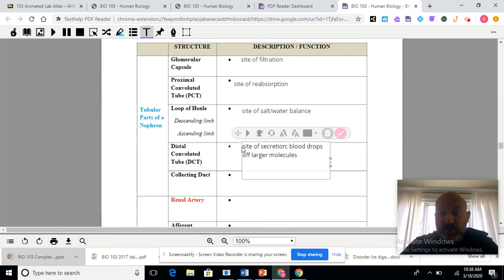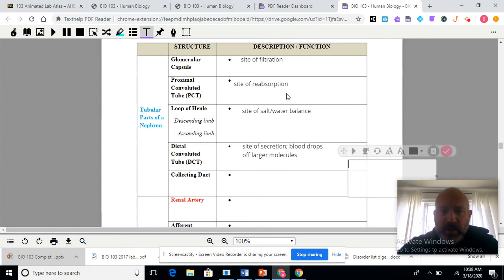Things like prescription drugs, steroids, recreational drugs, antibiotics. If you're on antibiotics, they end up in your urine. At the distal convoluted tubules, they enter the urine through a different process, though, not filtration, but through active transport.